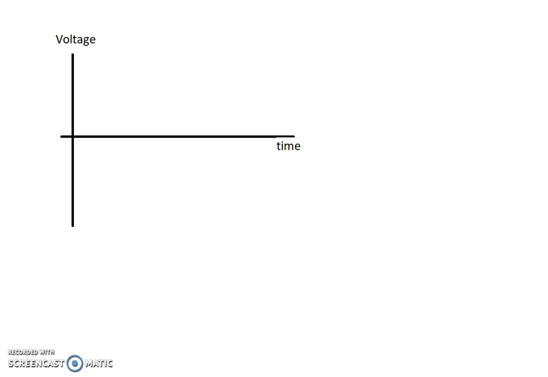We can look at alternating current and say that we start out at a certain position and then the voltage goes from positive to negative, and this is what you really would find in your house and in most commercial situations. But I want you to think about something.